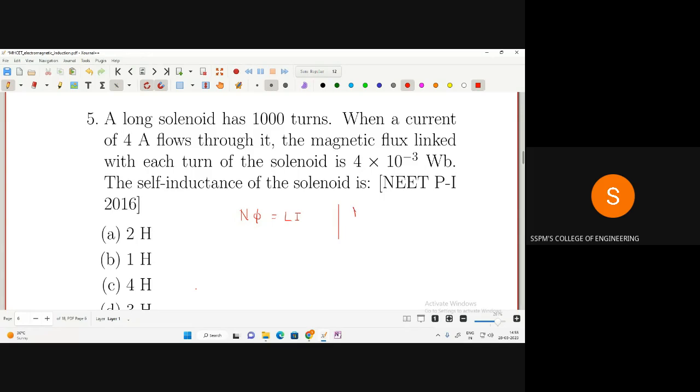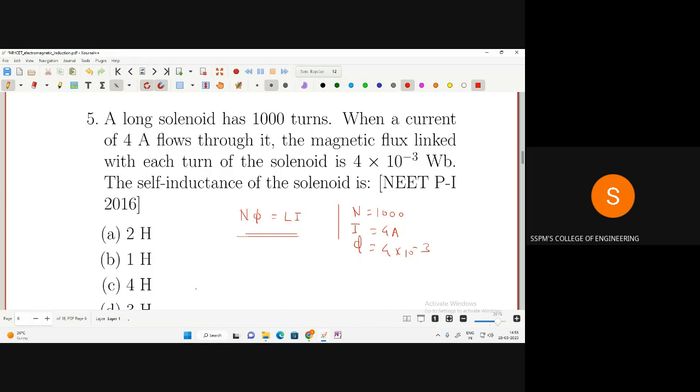The number of turns of the solenoid coil is 1000, then current is given, 4 ampere, and the magnetic flux linked with each turn is also given, 4 into 10 to the power minus 3. If you know this equation for self-inductance in terms of magnetic flux, number of turns, and the current, then you can easily find the self-inductance.